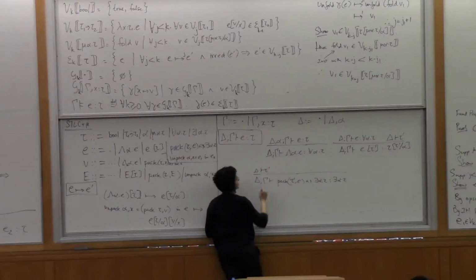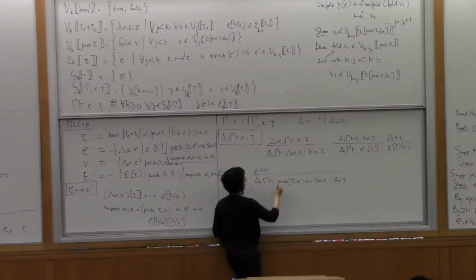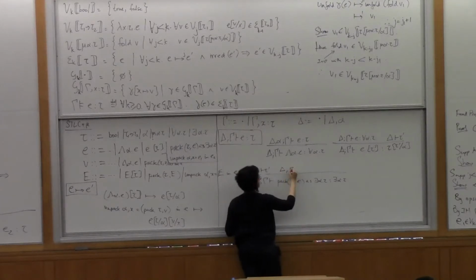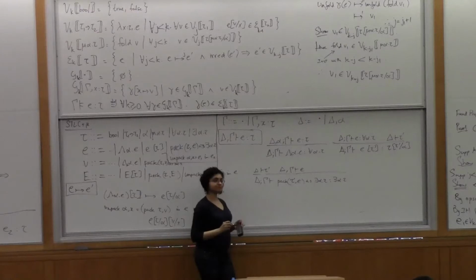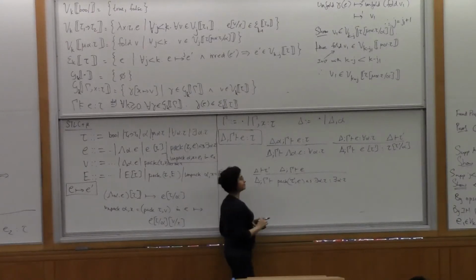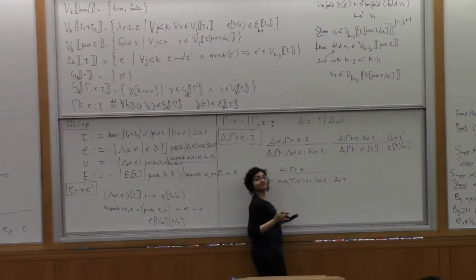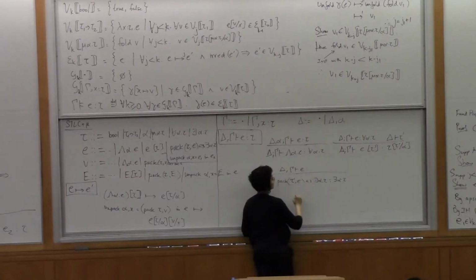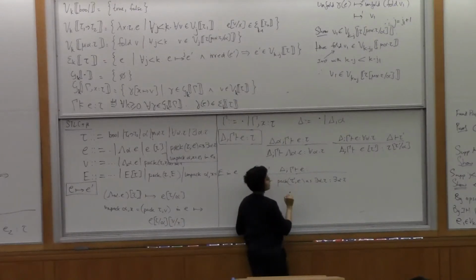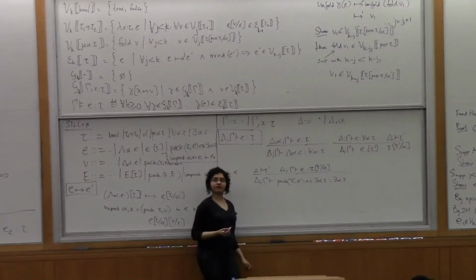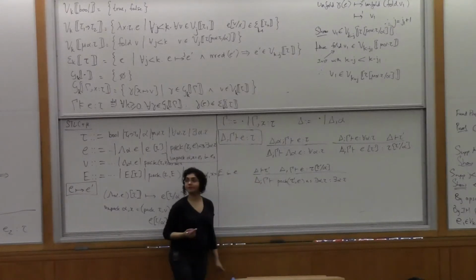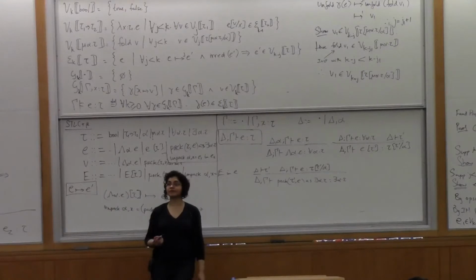Okay, if tau prime is well formed under delta, right? And E has what type? E has to have type tau with tau prime for alpha. Right?